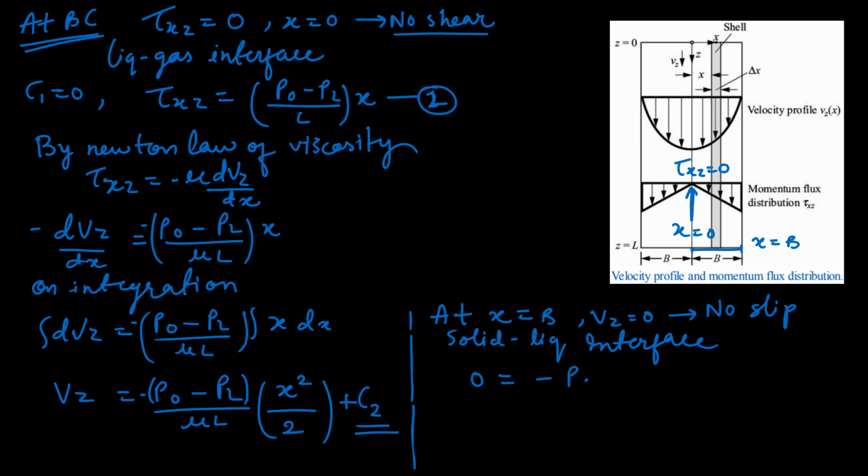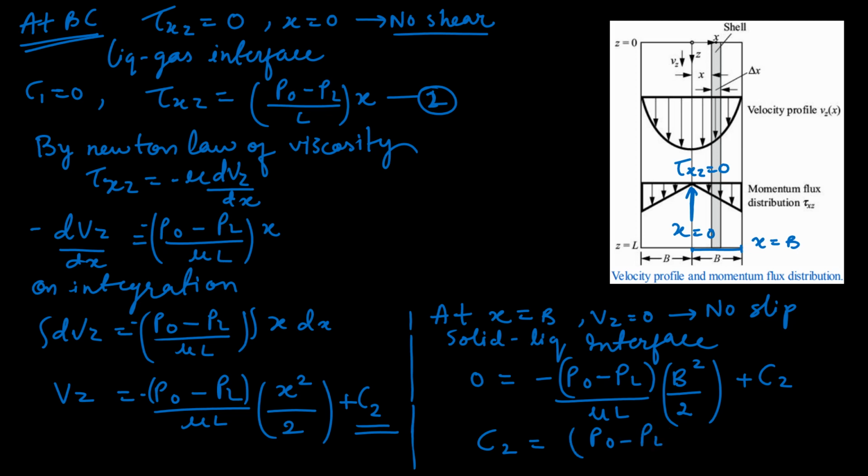So minus P0 minus PL upon mu L into b square upon 2 plus C2, giving me the value of C2 equals to minus P0 minus PL upon 2 mu L into b square.